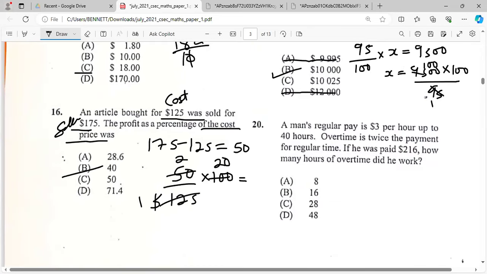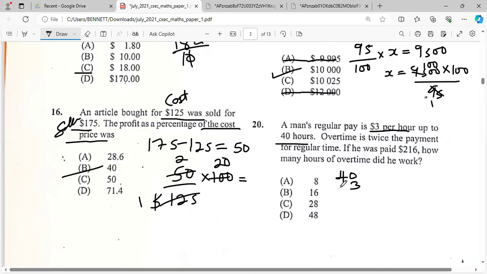A man's regular pay is $3 per hour up to 40 hours. Overtime is twice the payment for regular time. If he was paid $216, how many hours of overtime did he work? First, because we know the regular rate is $3 per hour and he worked 40 hours, we can figure out how much he gets in regular pay.